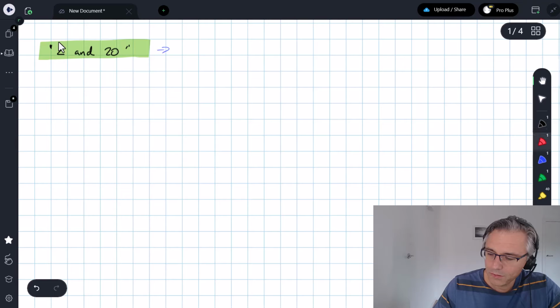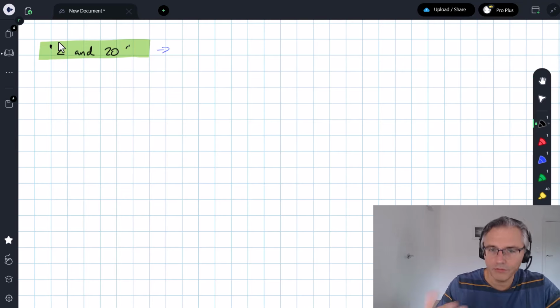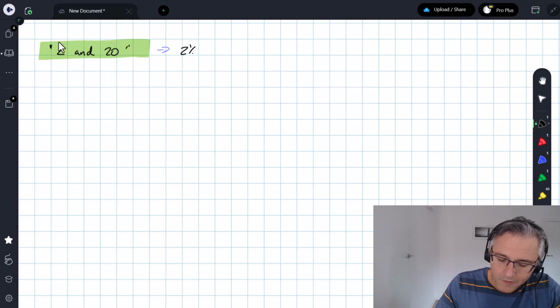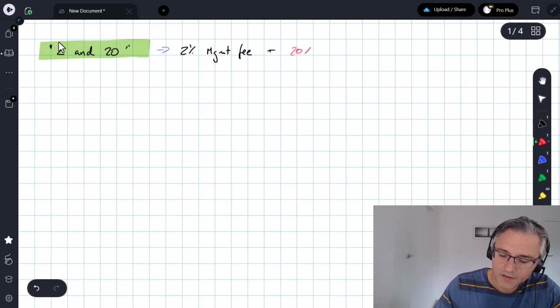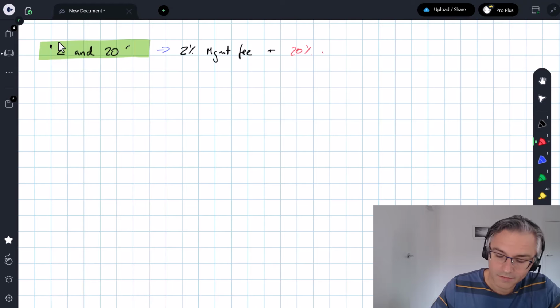And this 2 and 20 is a direct allusion to that. The first number is a 2% management fee, accompanied by a 20% incentive fee, or performance fee, that's right.